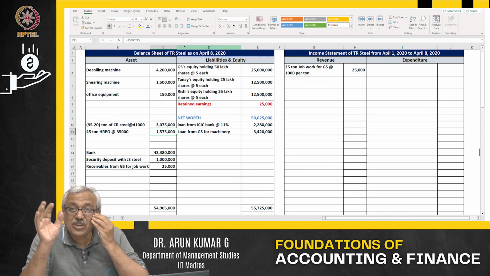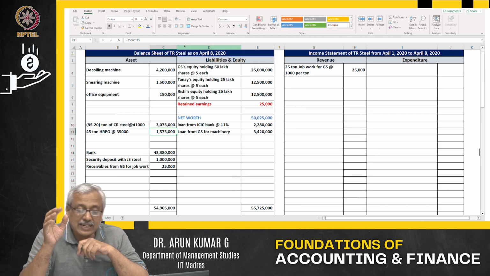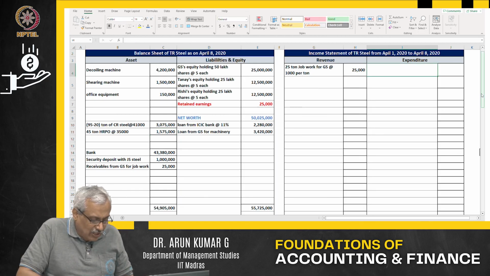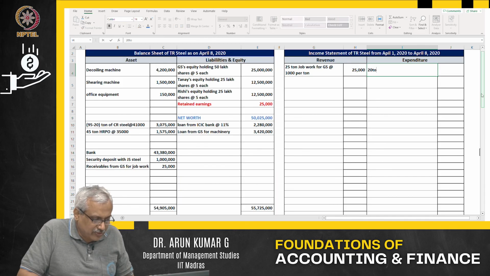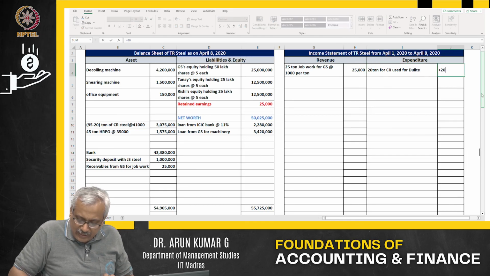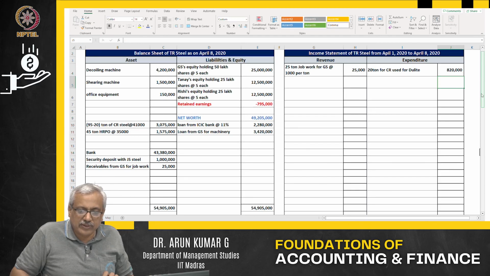That means it gets utilized. When it gets utilized, there is an expenditure, that is 20 tons of CR used for Dulite. How much is it? 20 tons into 41,000. That's it.